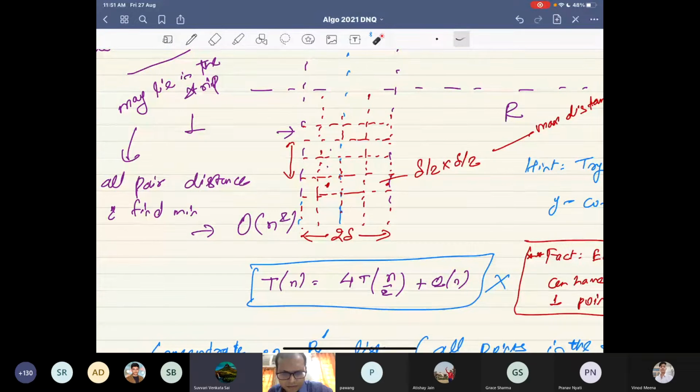See, I just want to prove that I have to compare with a constant number of points. We can reduce that constant, sure, I agree with you. We don't have to even compare with these things, but for that we have to do some more work. We have to find which side it is and all that. But think very simply. In the worst case, I have to compare with these 8 points.